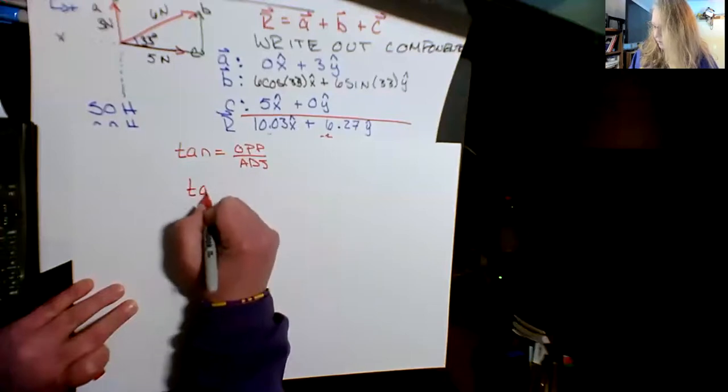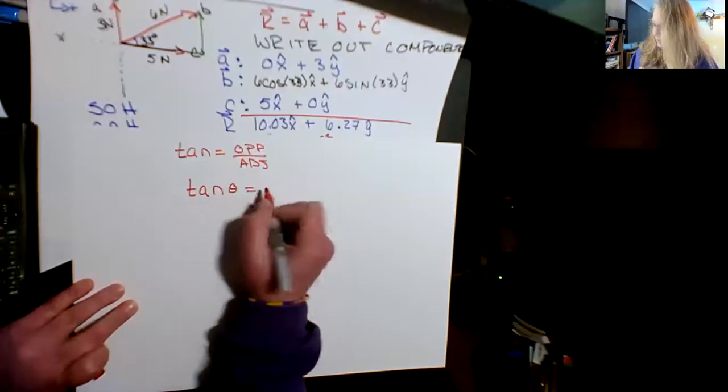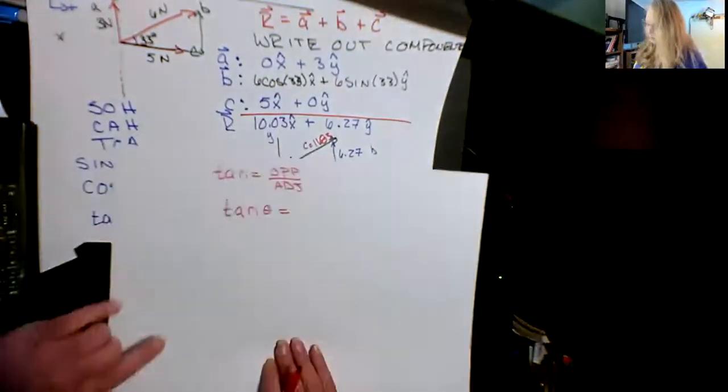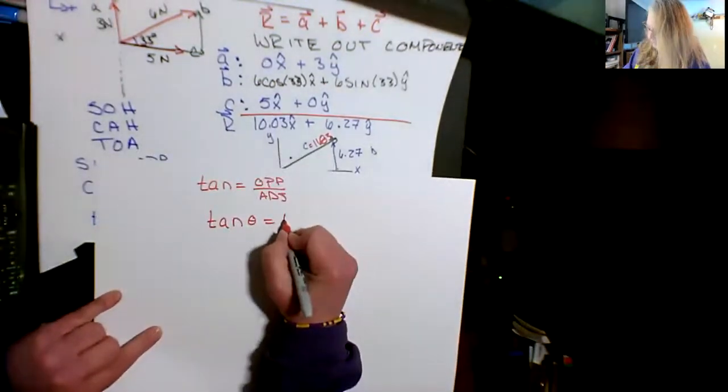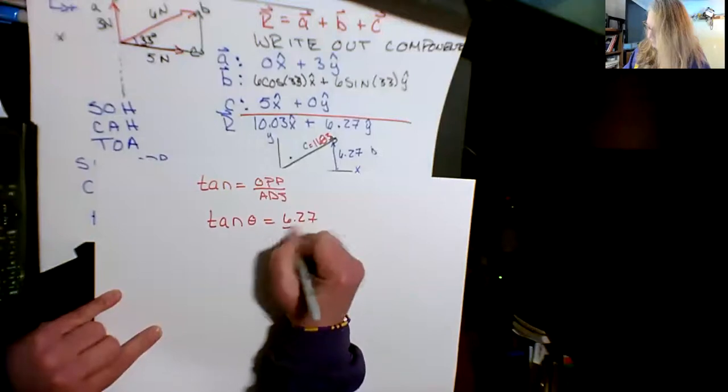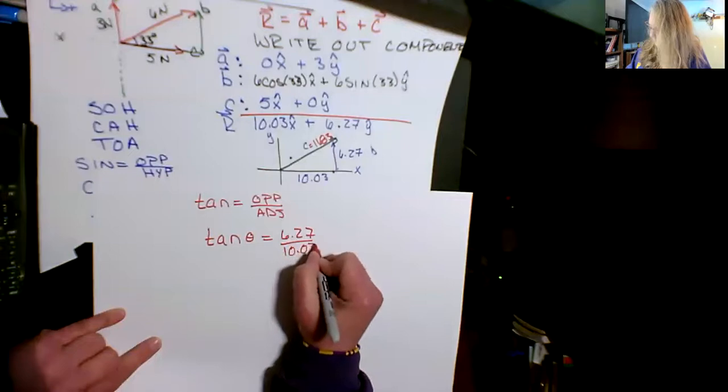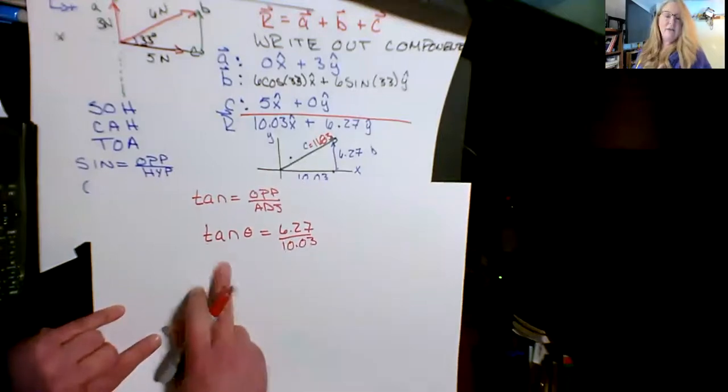So tan of theta is opposite, and opposite is my y component, so 6.27 divided by that 10.03. So the tan theta of that equals that.